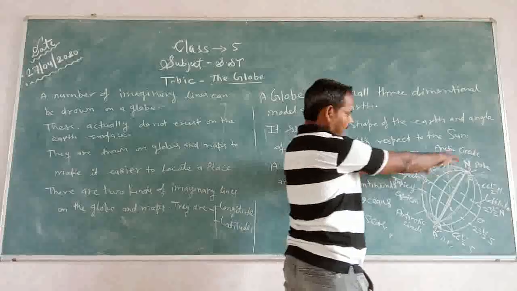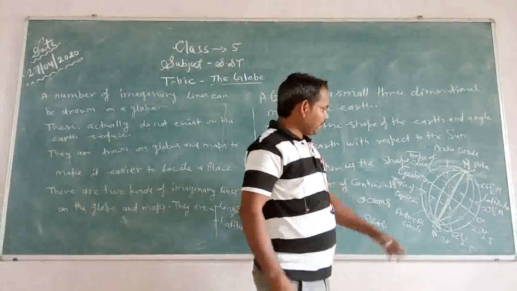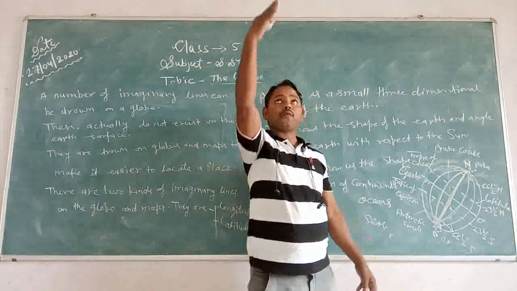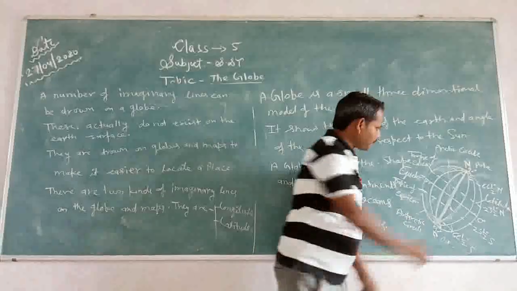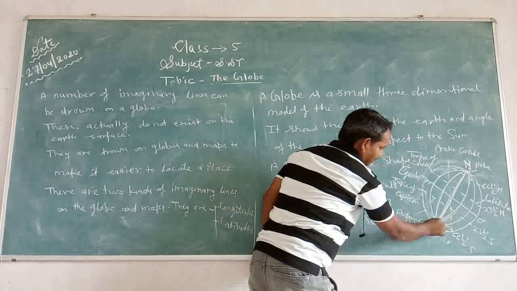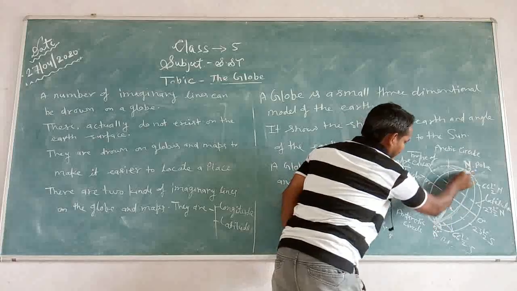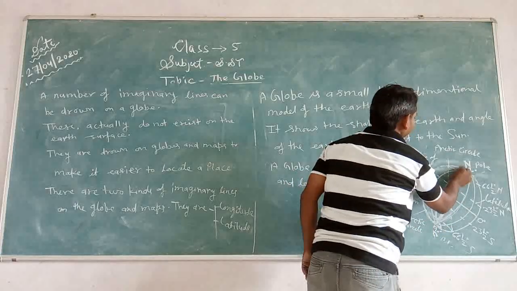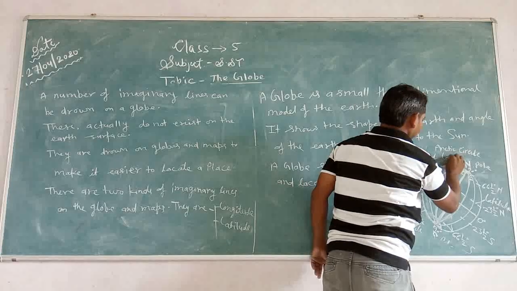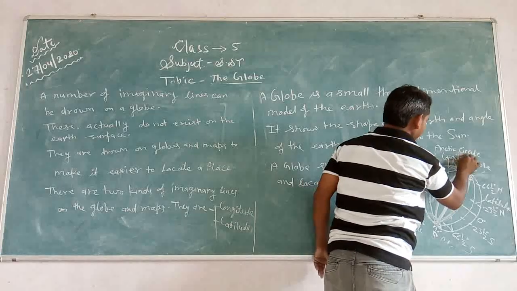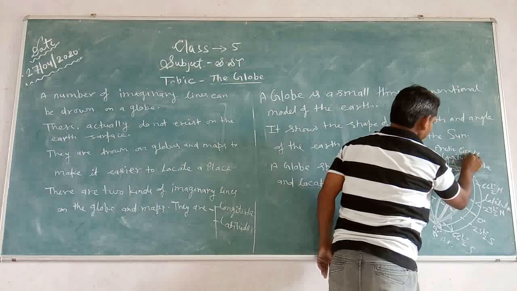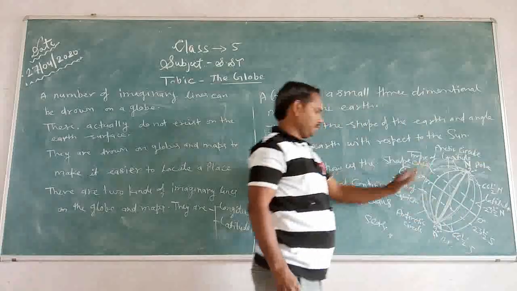And all vertical lines on the globe are known as longitudes. Longitude.